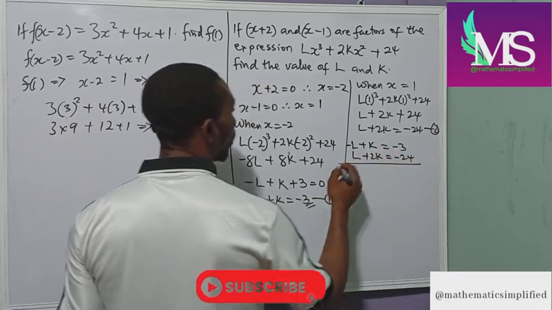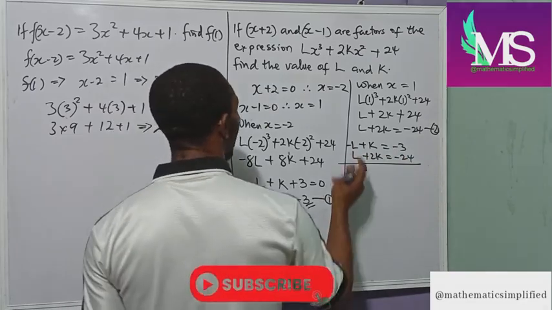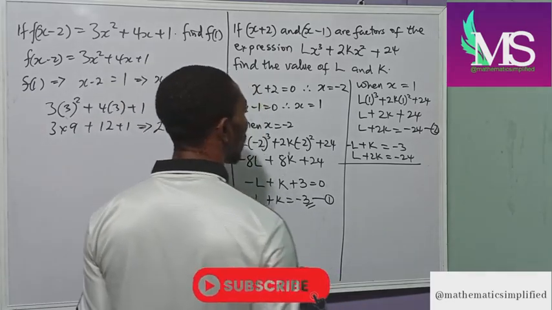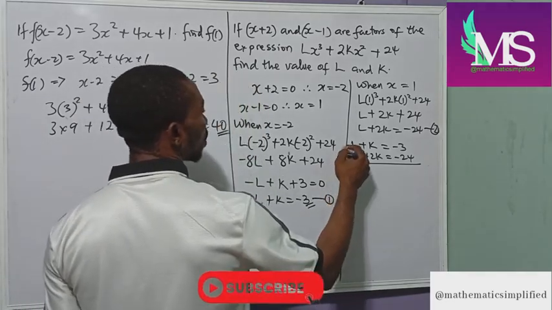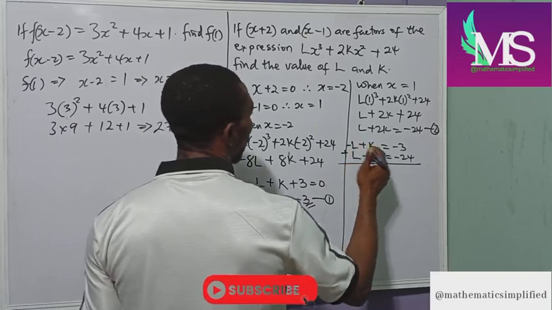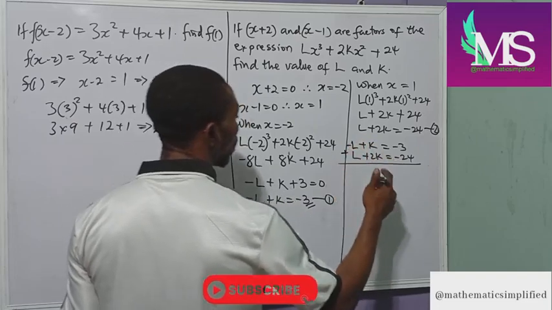So now we do what? Since they are of different signs, plus and minus, we add. So we are adding this: minus plus, minus plus plus.